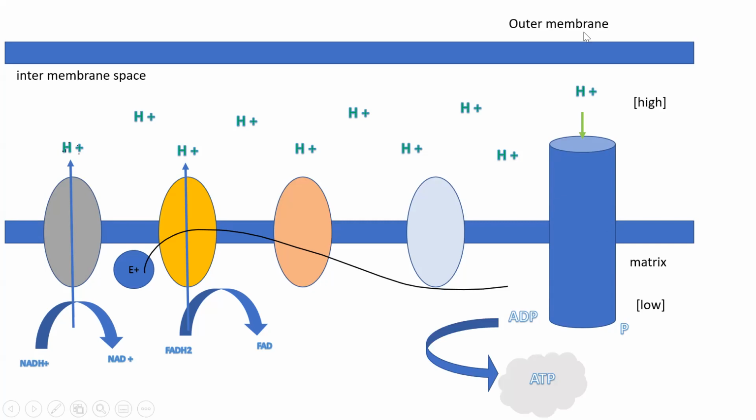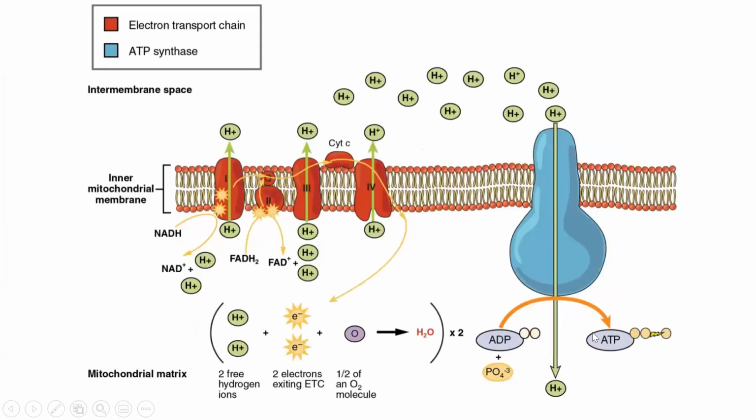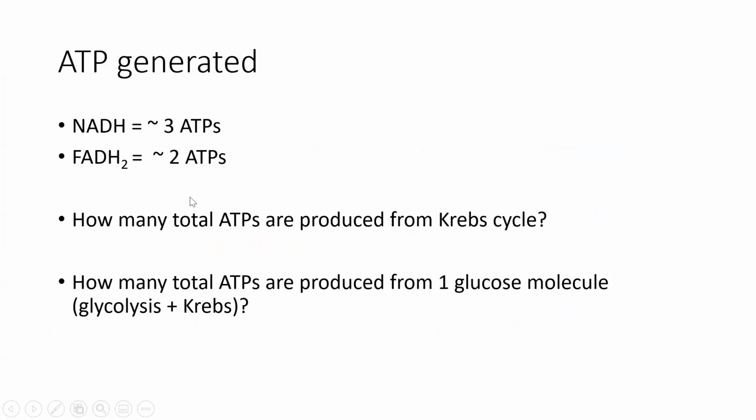So that's exactly what happens when the hydrogens get pumped through, which is why we get so many ATPs produced from the NADH and FADH2. Again, you can test your knowledge to see how many total ATPs are produced from the Krebs cycle and oxidative phosphorylation.